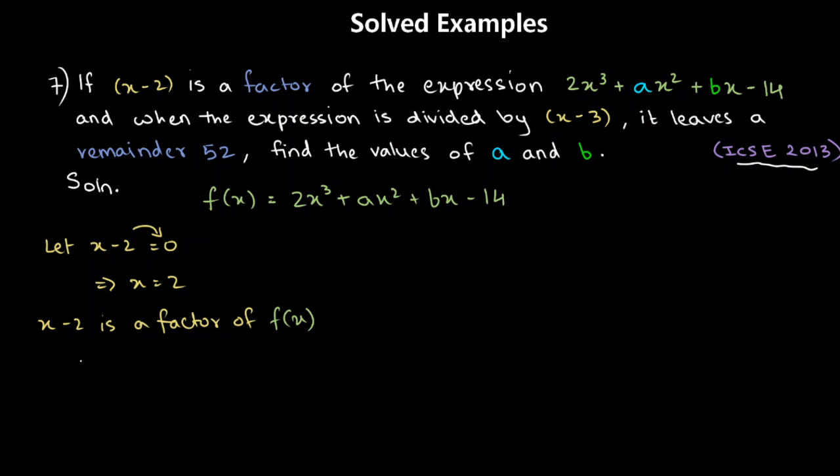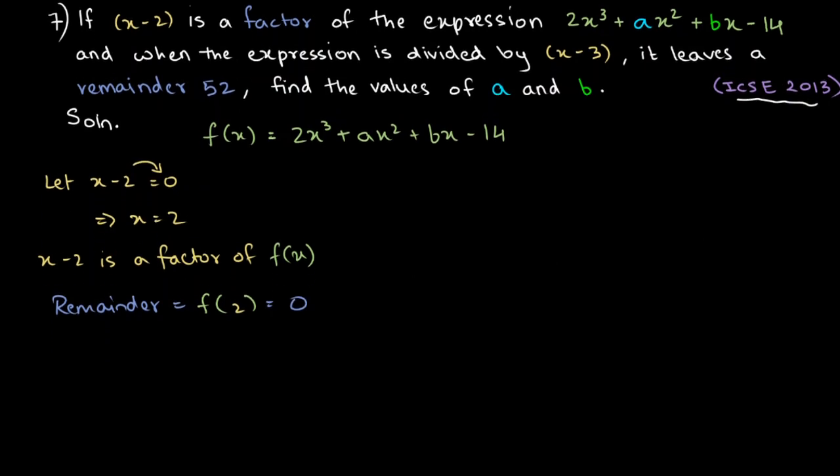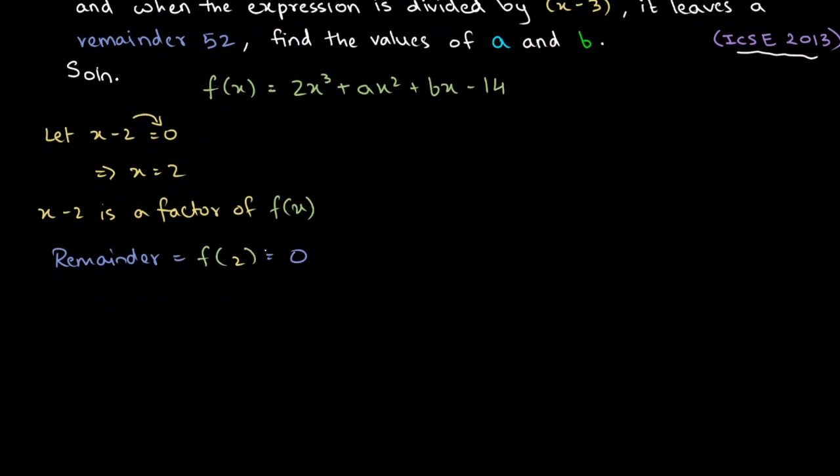So if it's a factor, what does that tell us? That the remainder, which is basically f of 2, since x is equal to 2, is equal to 0, because it's a factor. So by factor theorem, the value of the remainder should be equal to 0. So let's use this information.